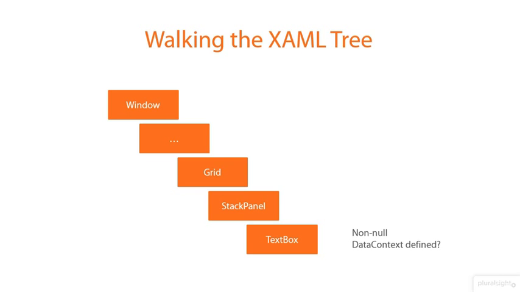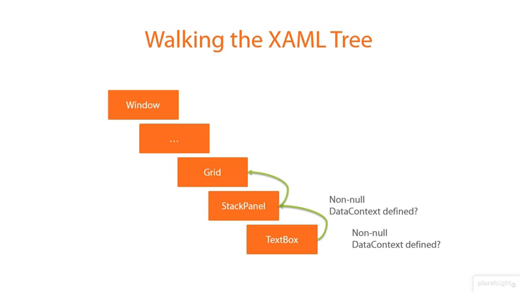If we have a data binding statement set on the text box, where no non-null data context has been specified, we will see something happening called XAML tree walking. WPF will look in the parent of the control if a non-null data context has been specified on the parent. If so, this one will be used as the source for the binding.